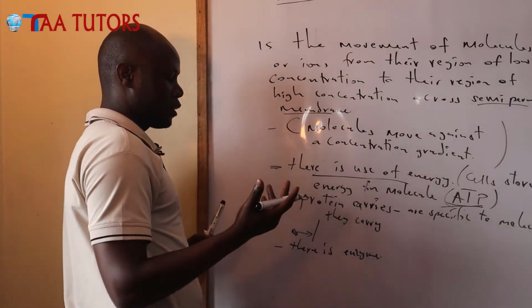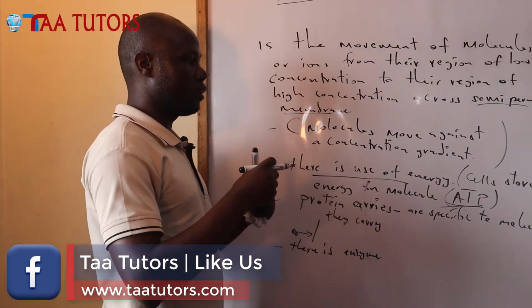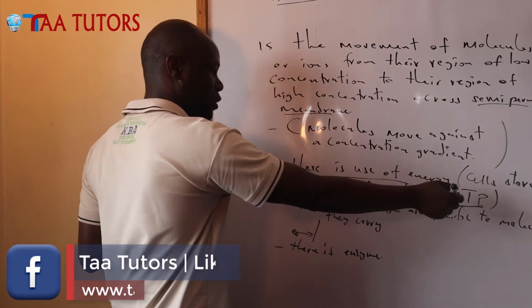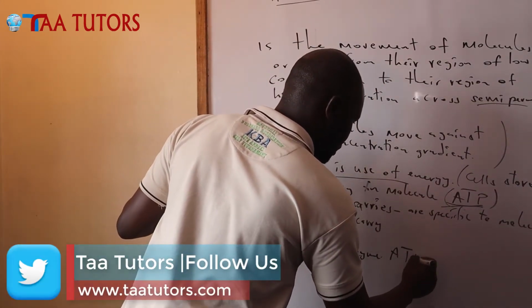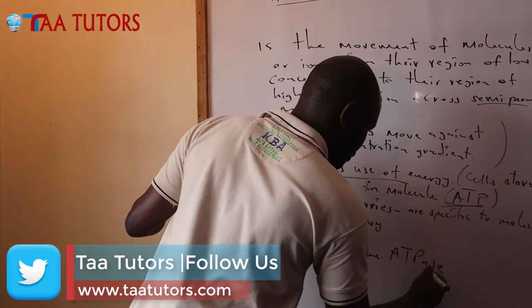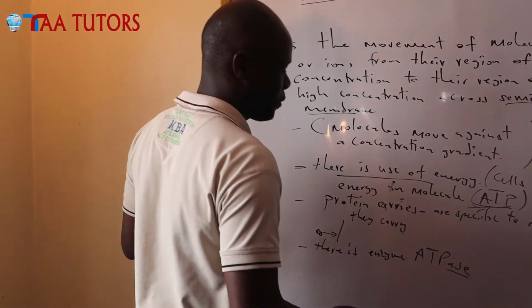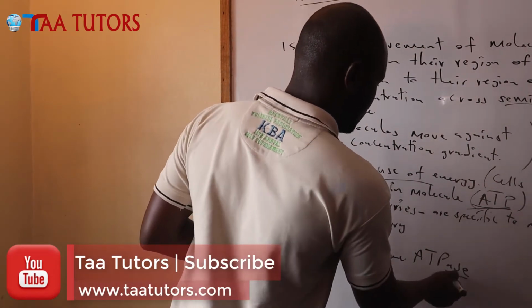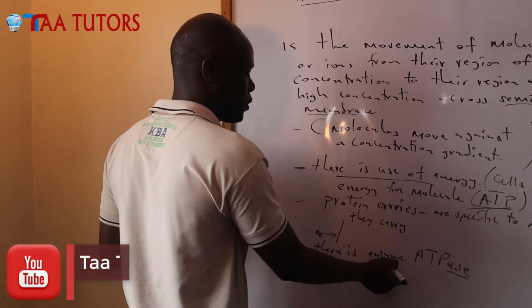Since we learned in the earlier level of learning that enzymes get their name from the molecules they work on, if the molecule is ATP, then the enzyme will be ATPase. Remember, we add the suffix ase, adenosine triphosphatase. The ase ending gives us the enzyme.